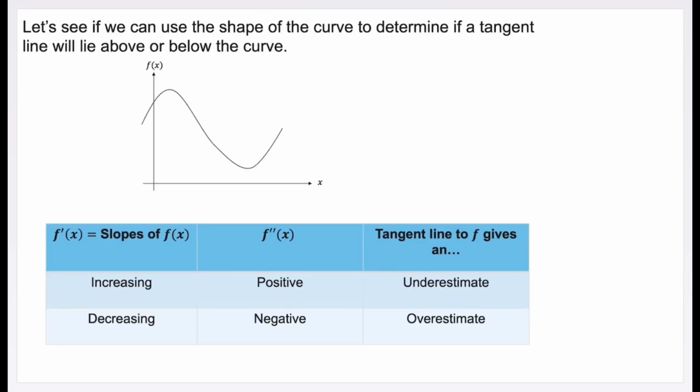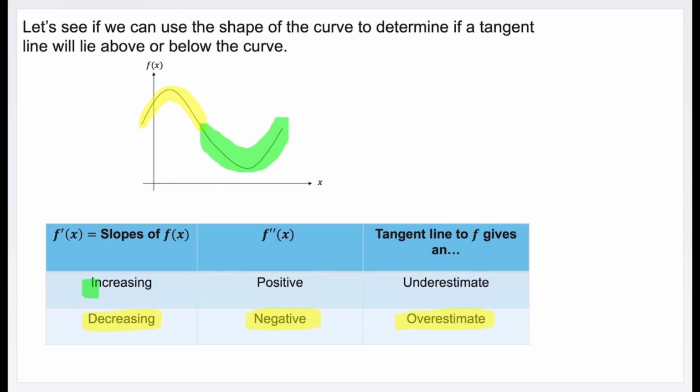So here's a little chart that tells us the same thing. We have this graph here. We have this section of the graph that is concave down, and this section of the graph that is concave up. On the section that is concave down, where the slopes are decreasing, the second derivative is negative, and we're going to have an overestimate.